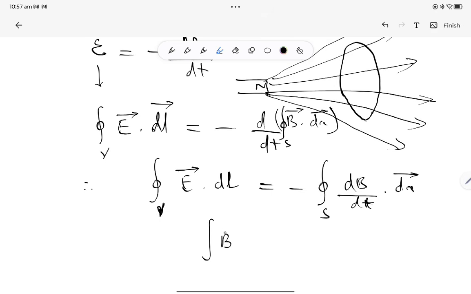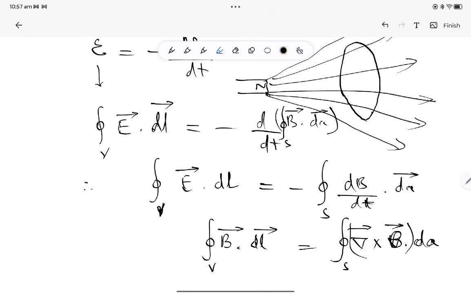Just to remind you, we derived it for the magnetic field: the loop integral around a closed loop is equal to the surface integral of its curl dot dA.